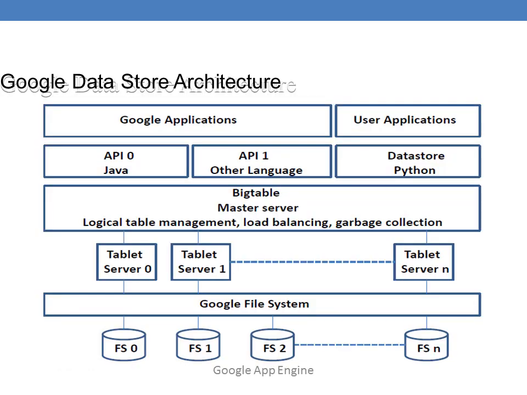So, the Google data storage architecture: Google applications and user applications, API 1, API 0, and other languages that provide data storage using programming and language supports in Google App Engine.